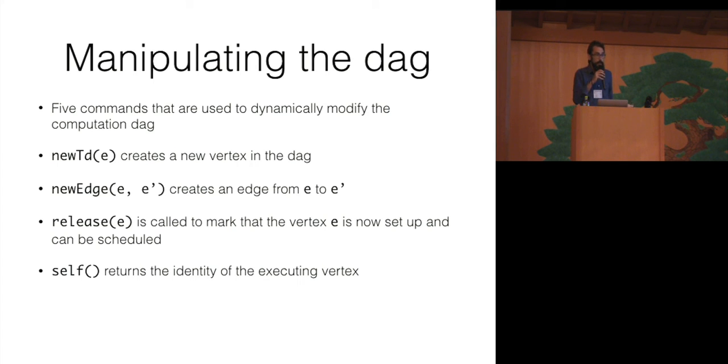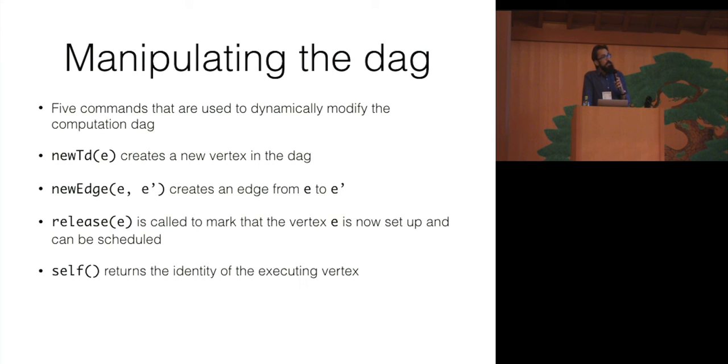for the results. So in order to do this, we'd need to be able to create a new edge from some vertex that we've created, or someone told us about, into the vertex that is actually running. And this can be done using the self command that basically just returns the identity of the executing vertex.